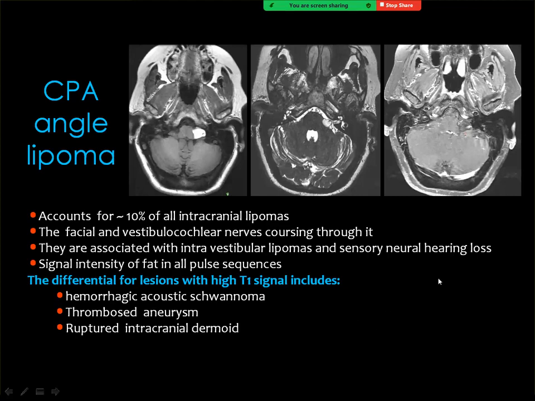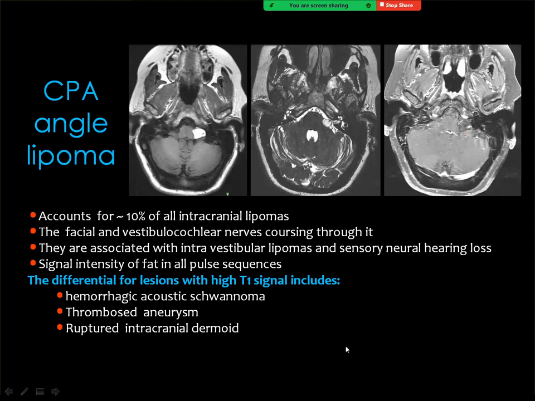And one of the conditions which hinder the surgery is that the facial and vestibulocochlear nerves are coursing through the lesion. This lipoma may cause sensorineural hearing loss.